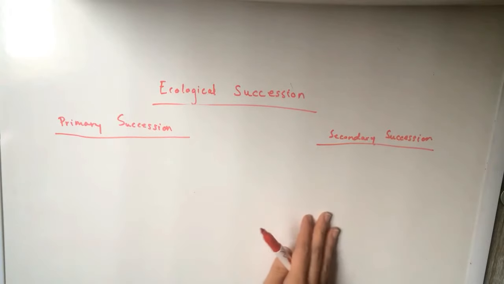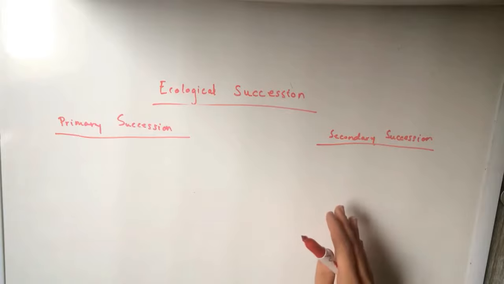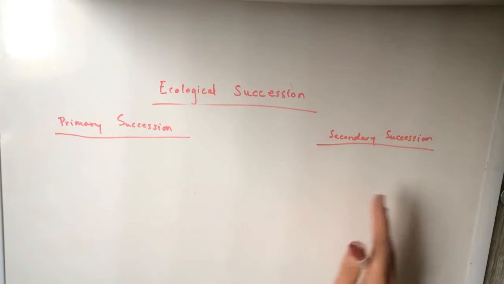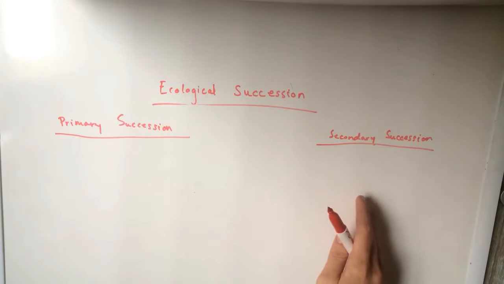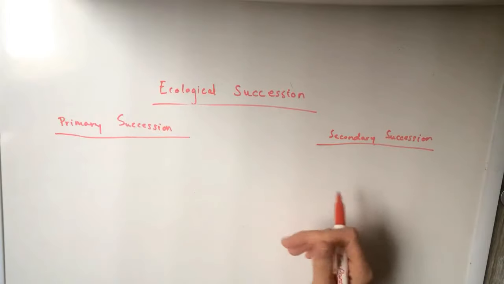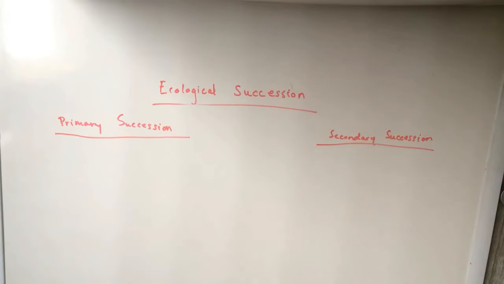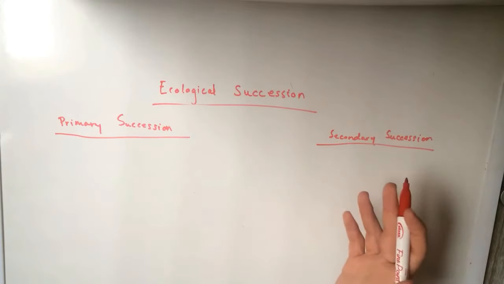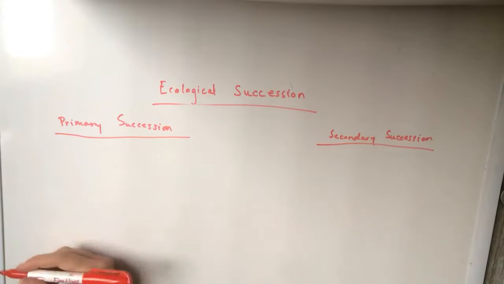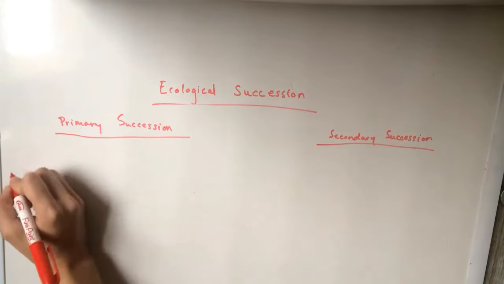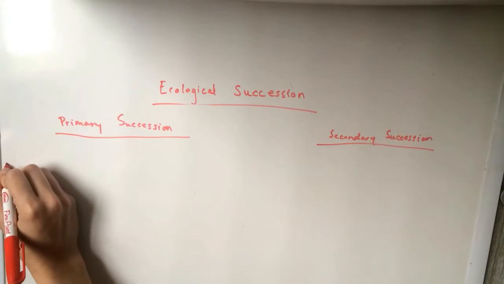And secondary succession is a process by which life comes back from a disturbance that left behind a little soil or some soil. So I want to go ahead and illustrate what that looks like. So you have a disturbance of some kind in primary succession. We can classify that as fire.